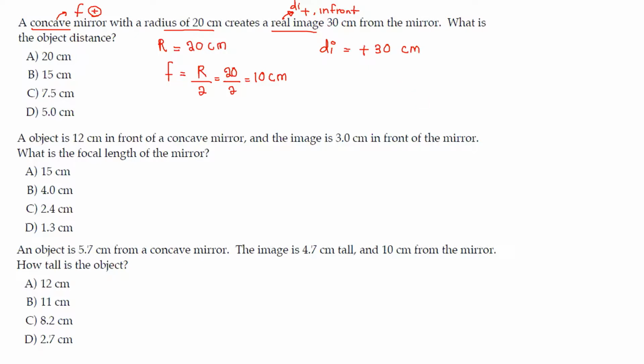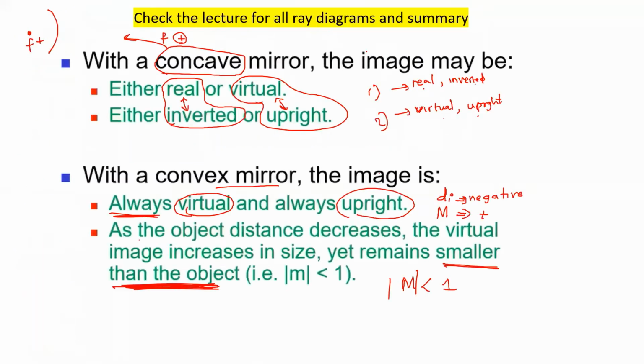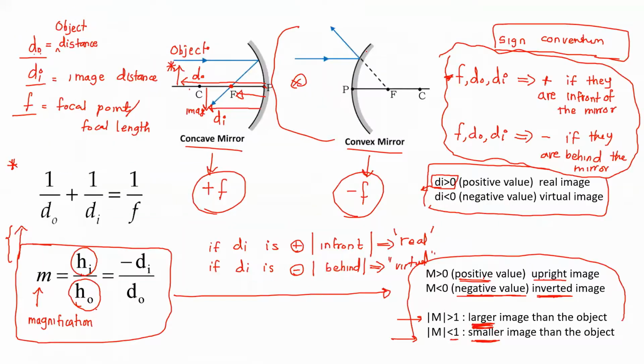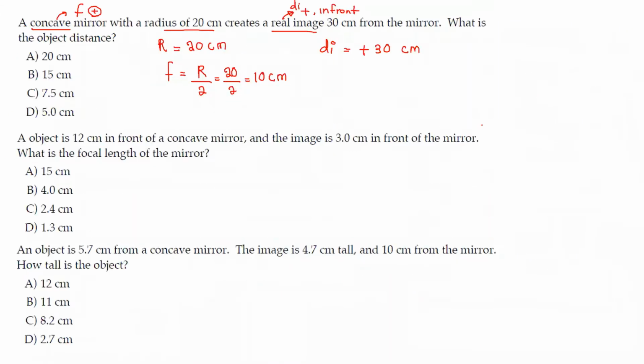You remember that, right? From the previous one, if I quickly go back. Here I have written DI is positive, it is in front of the mirror. And also if DI is positive, that means it is a real image. Okay.